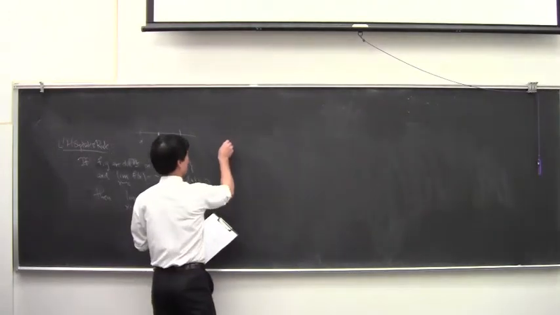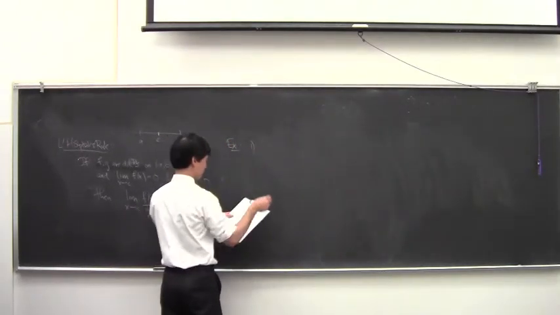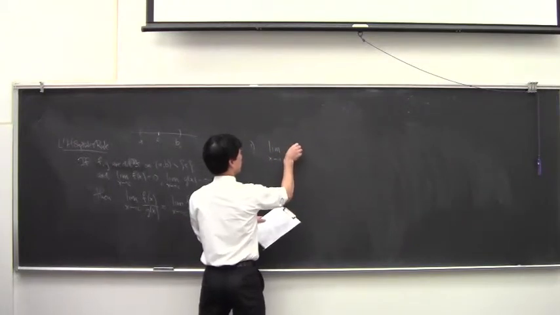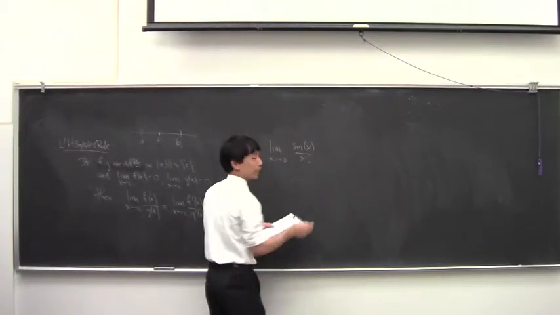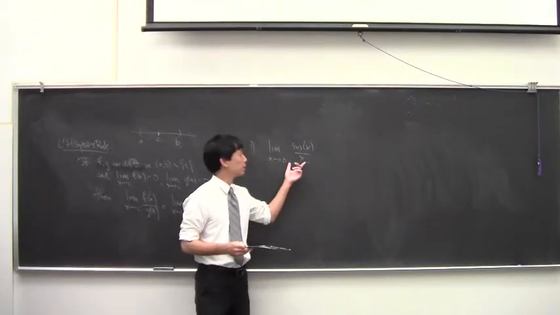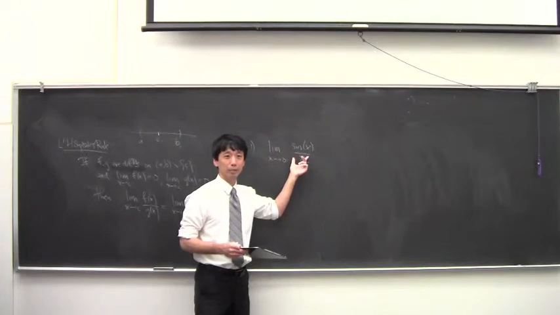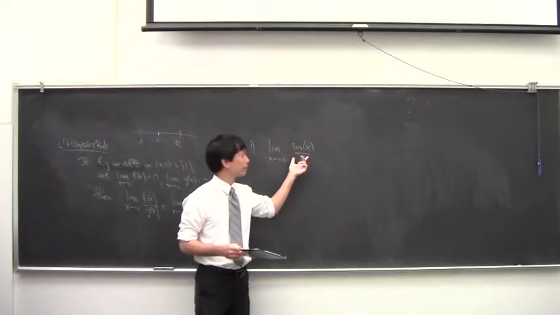Let me do some examples to make it clear what we mean by this. So if somebody gave you this one, sine x over x. This is one we did already, but suppose we forgot it, and now we remember L'Hopital's rule.